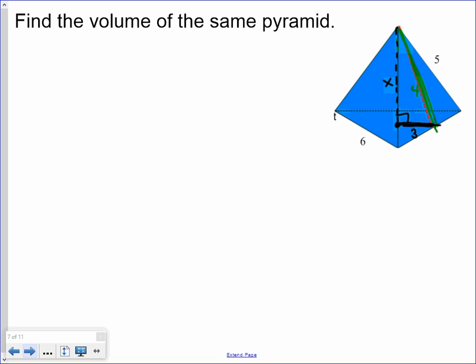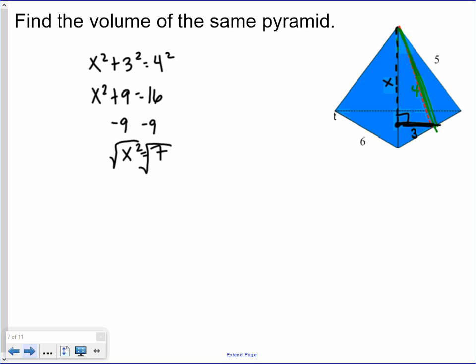So Pythagorean theorem, x squared plus 3 squared equals 4 squared. Three squared is 9. 4 squared is 16. Minus 9. 7. Square root of 7.